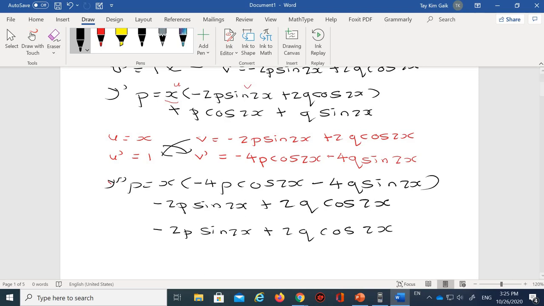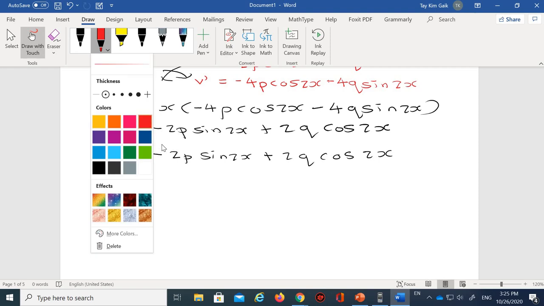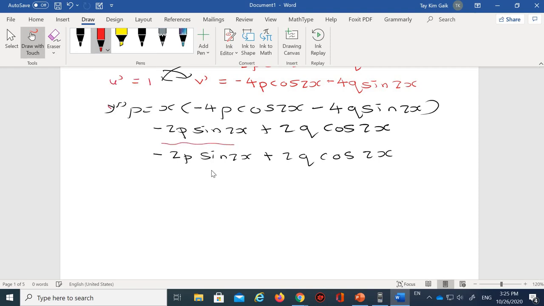Then you simplify your y double prime. When you simplify, this term and this term combine the same.